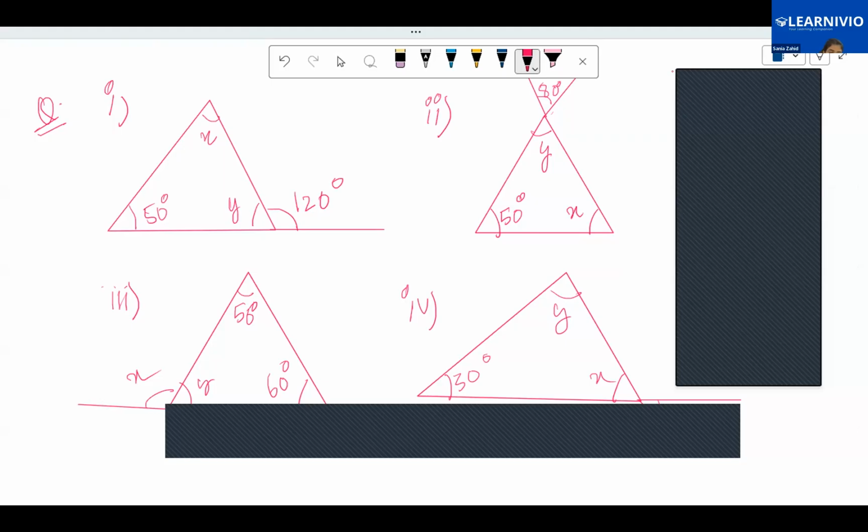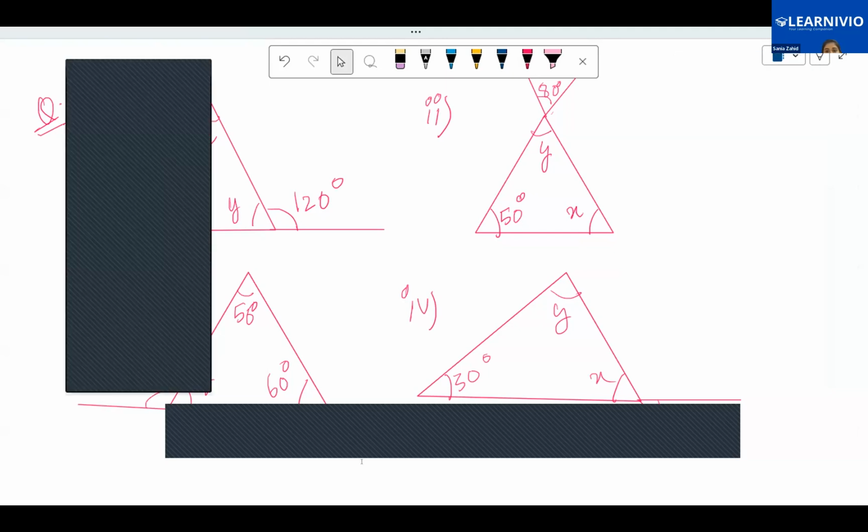Mine was the fourth one. What are you asking, Manha? I can't see the fourth one. The fourth one is this: the angles y, x, 30 and 60 degrees.